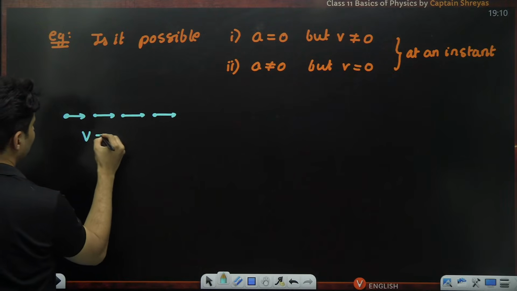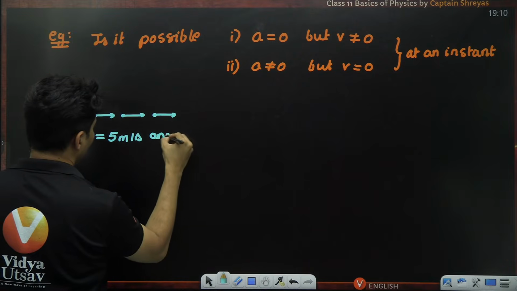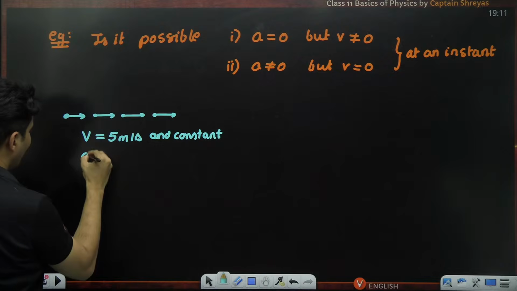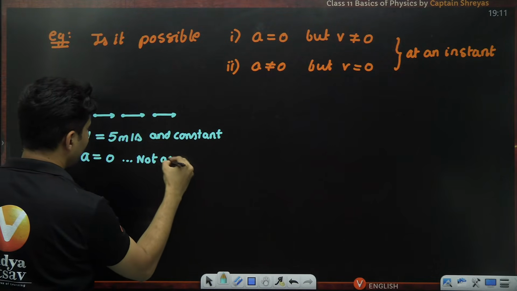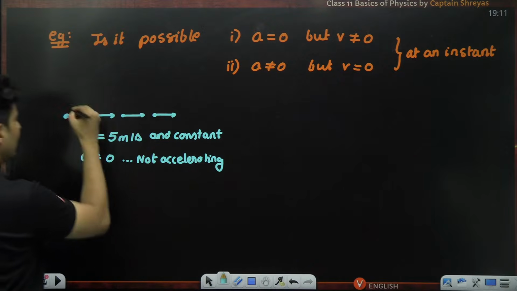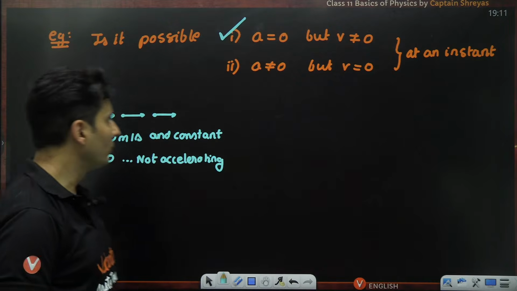What if my speed is, for example, 5 meters per second and constant? Then my acceleration will be 0 because my speed is not changing. So the first scenario is definitely true.